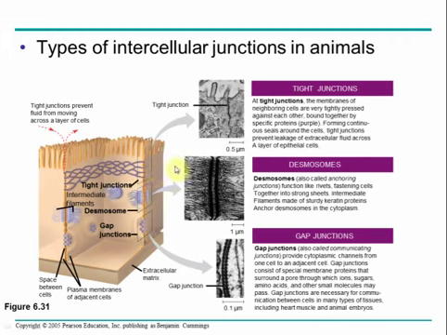So first off, tight junctions are, as the name suggests, meant to hold cells very tightly together, one against the other. A typical example of this would be in the small intestine. You have cells one next to the other, and you want nutrients and, let's say, bacterial cells to have to go through the membrane of the small intestine.